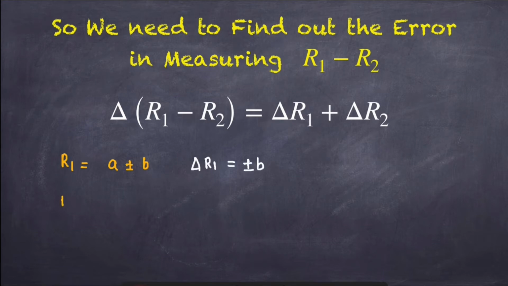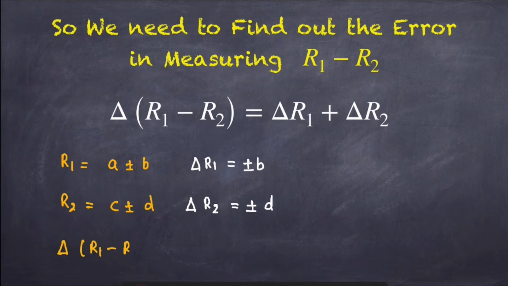Again, we defined R2 as c plus minus d, where c is the measured value of R2 and d is the absolute error in measuring the value of R2. So the absolute error of R2, that is delta R2, is equal to plus minus d. So the absolute error of the expression R1 minus R2 will be equal to the absolute error of R1 plus the absolute error of R2.